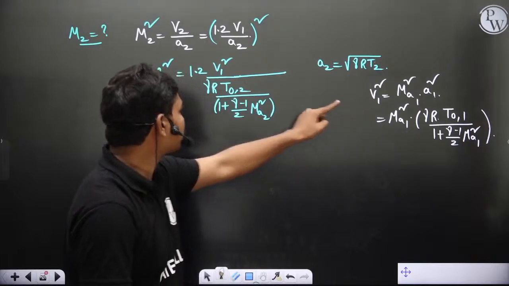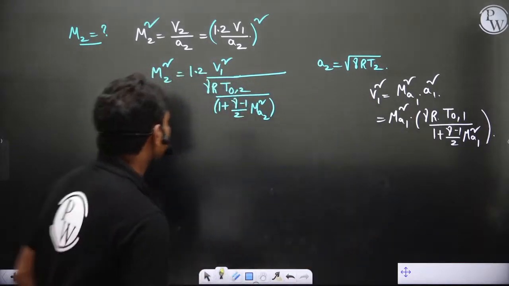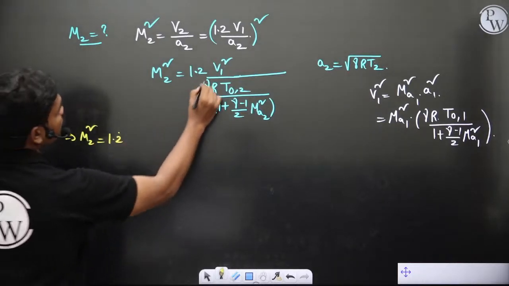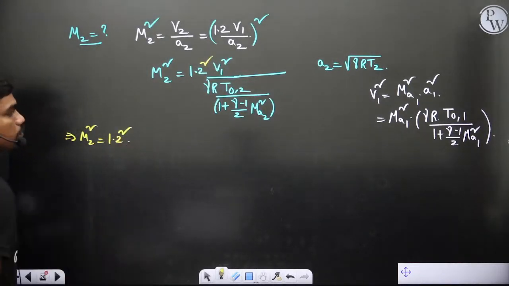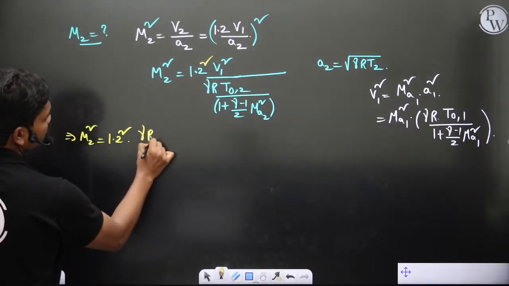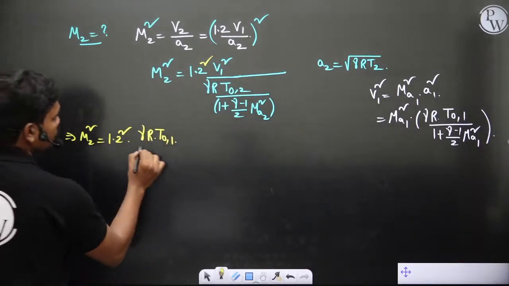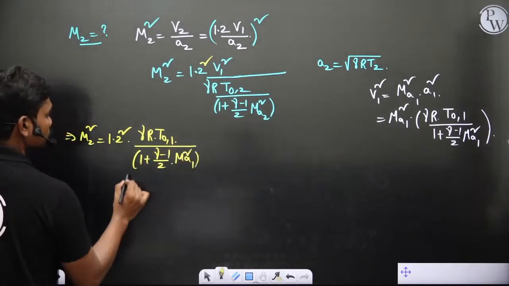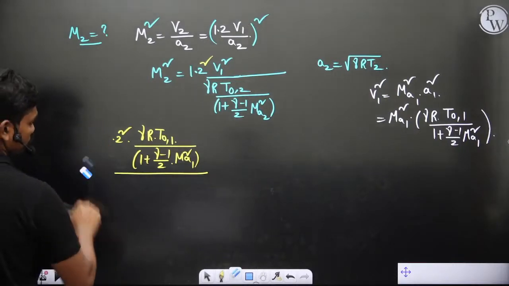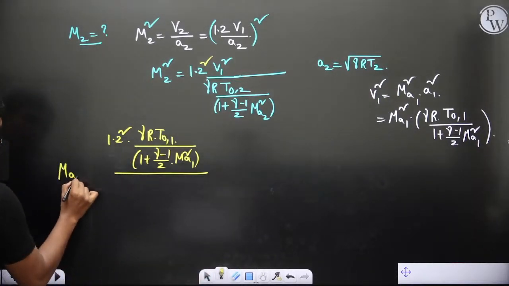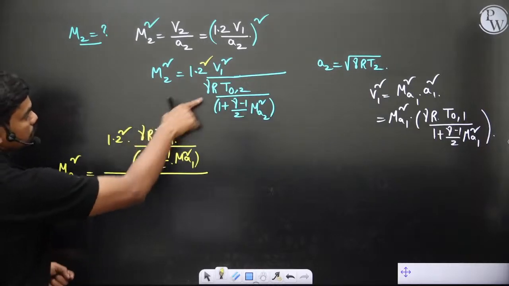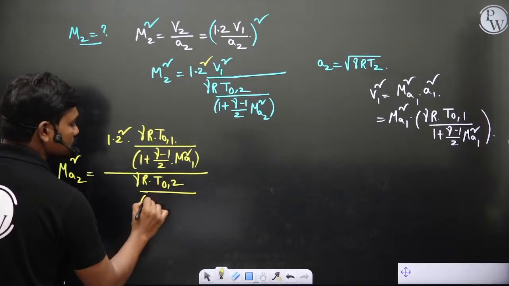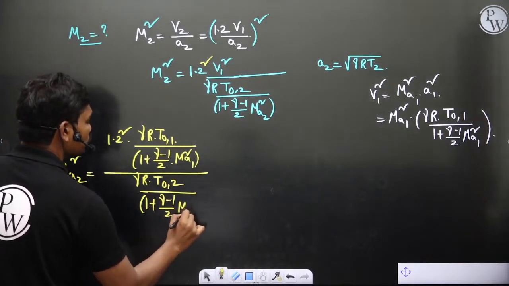Now if you substitute this V1 square here, let's see what you get. M2 square is equal to 1.2 square, times Mach 1 square gamma r T01 divided by 1 plus gamma minus 1 by 2 Mach 1 square, divided by gamma r T02 divided by 1 plus gamma minus 1 by 2 Mach 2 square.